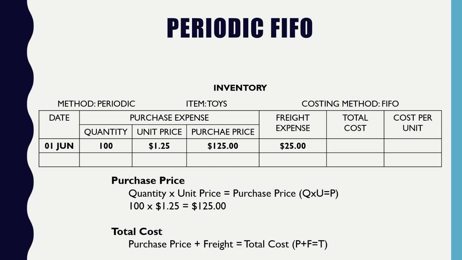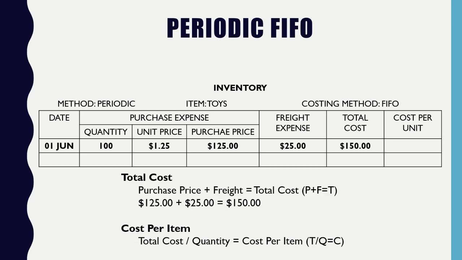Now the next formula we have to figure out is what is my total cost? In this case, we know that the formula for total cost is going to be my purchase price plus my freight. So in this case, $125 plus $25 gives you a total of $150. And then here is the next step where we need to determine what the cost per item is going to be.